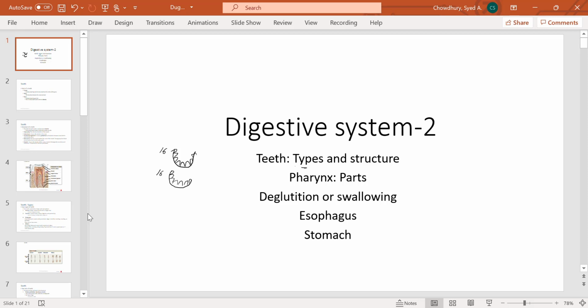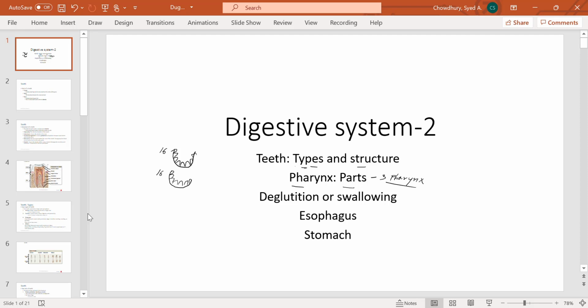We'll talk about that. Then we'll talk about the structure of a tooth, and then the next organ after your mouth or oral cavity, which is the pharynx. We'll talk about the parts. There are three parts in the pharynx, so we'll see what those three parts are.